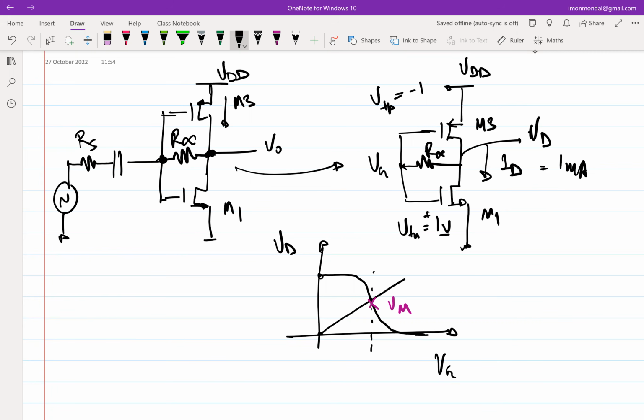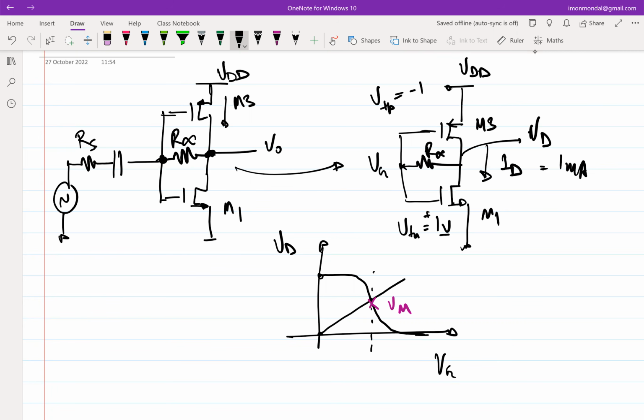But if the relative strength of M1 and M3 is the same, this VM point will not change. So if VM is not changing, which means the VGS of neither M1 nor M3 is changing, the overdrive has increased in both, which means the current has to increase. This is equivalent to a constant voltage bias circuit where the threshold voltage has changed.